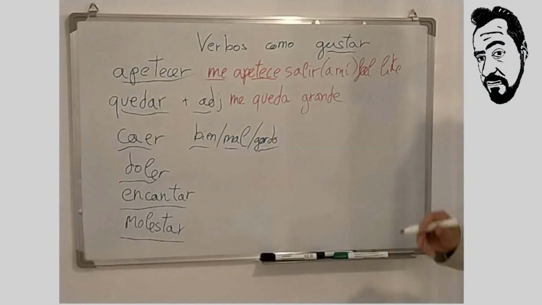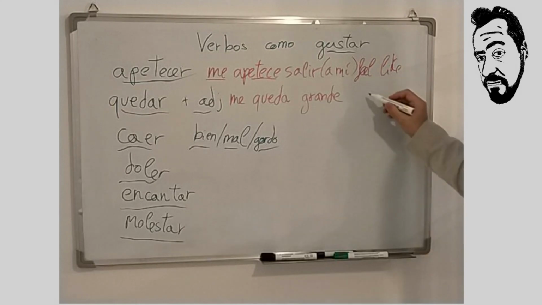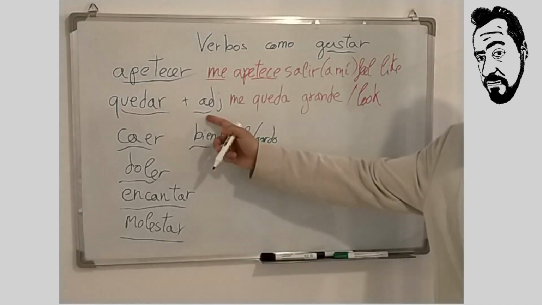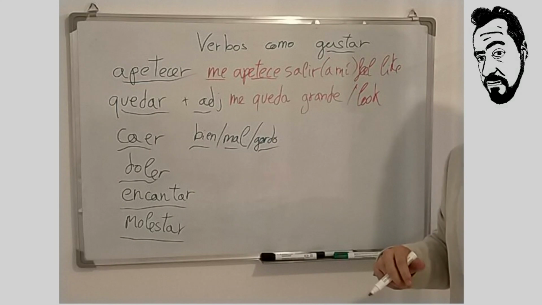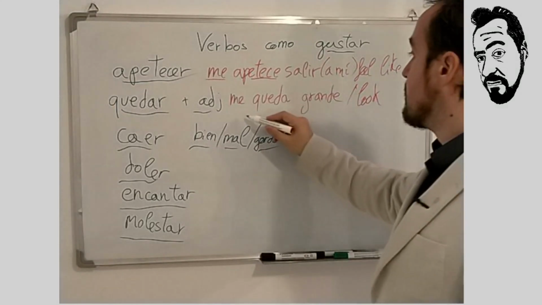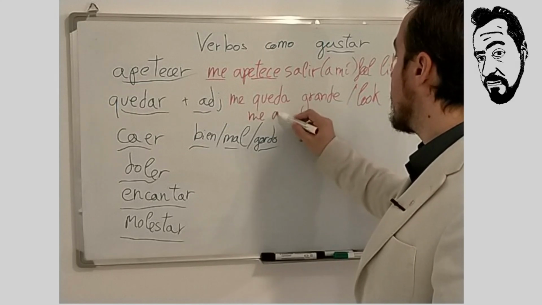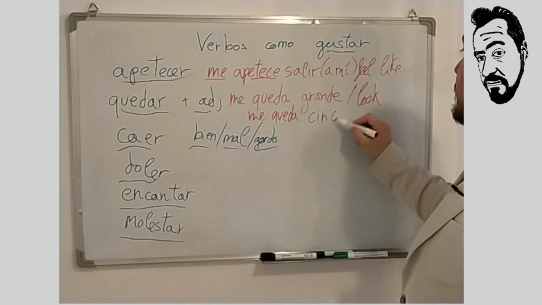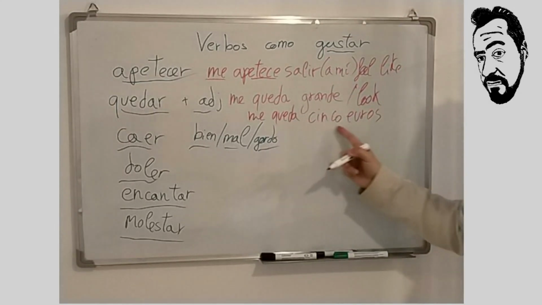It means it looks big on me. This has another meaning. It also means to be left, so you could also say, me queda 5 euros. So I have 5 euros left.